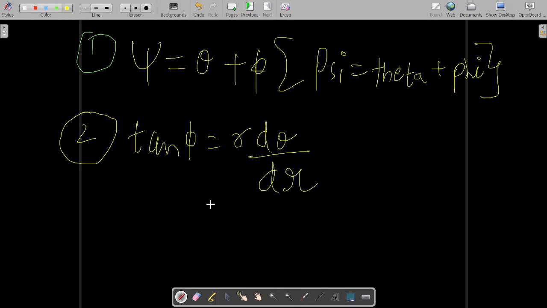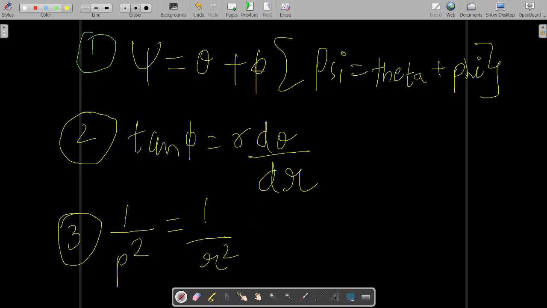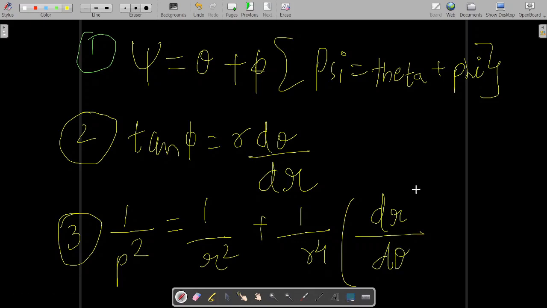Point number 3: I have already told you the meaning of all these terminologies, so it is very clear to you. It is 1 by p square equal to 1 by r square plus 1 by r to the power 4 into dr by d theta whole square. Point number 4: suppose we define an arbitrary term u as 1 by r.